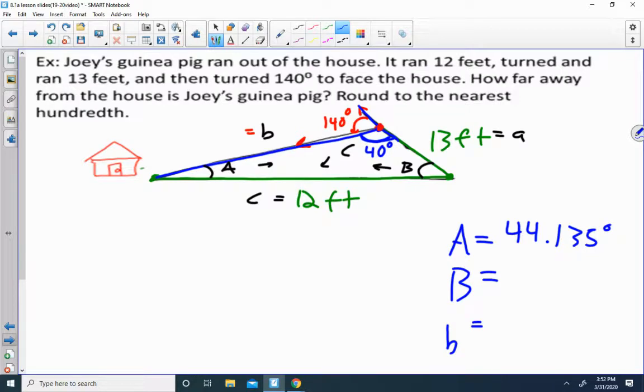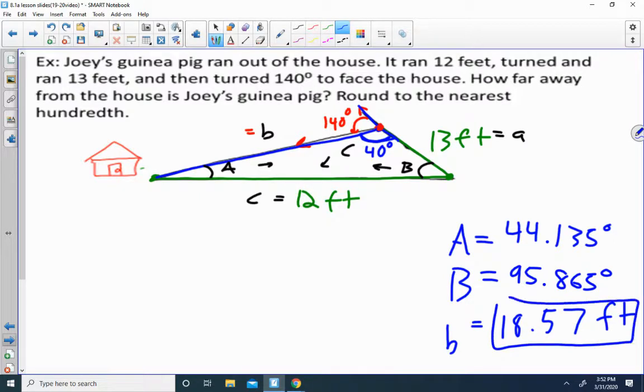For big B, you should have got 95.865 degrees. And for little b, you should have got 18.57 feet. So in other words, for your final answer, the guinea pig is 18.57 feet away from the house.